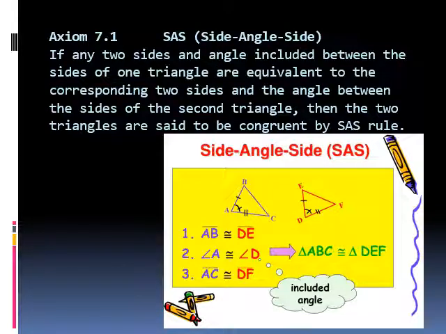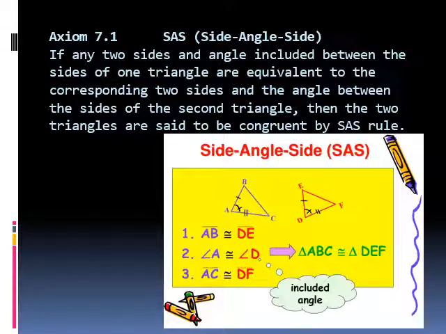In this figure, ABC and DEF, you can clearly see AB is given as equal to DE, angle A is equal to angle D, AC is equal to DF. So by the SAS axiom, we can say that triangle ABC is congruent to triangle DEF.